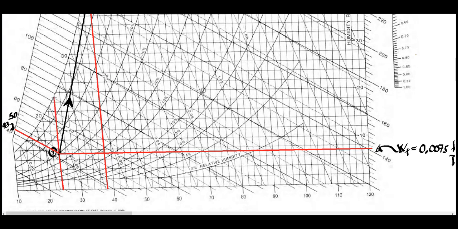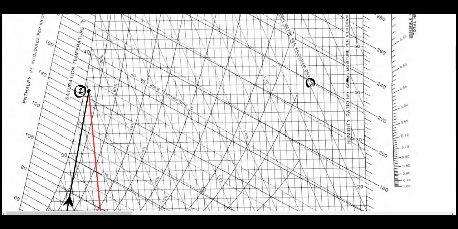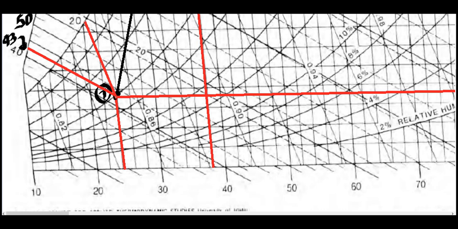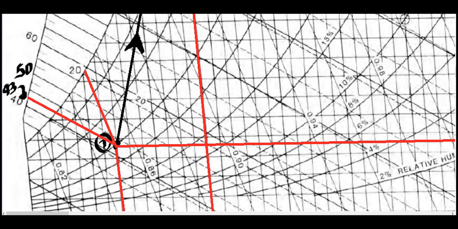So we have your specific... okay. So ito yan. So this line, we have 0.82, this is 0.86.